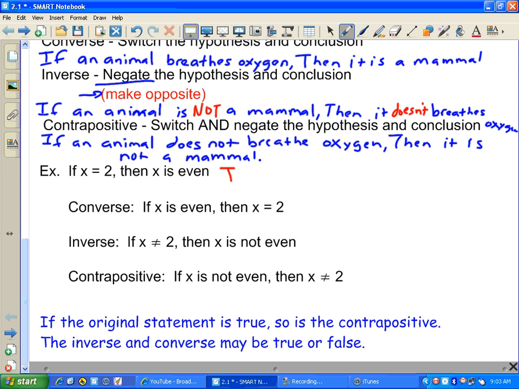Here, the converse is false, because I can think of another even number that would not equal 2. So 8 would be a counterexample here. For the inverse, if I think of any number that's not 2 but is even, okay, 4 is not 2, but it is even, so this is false.